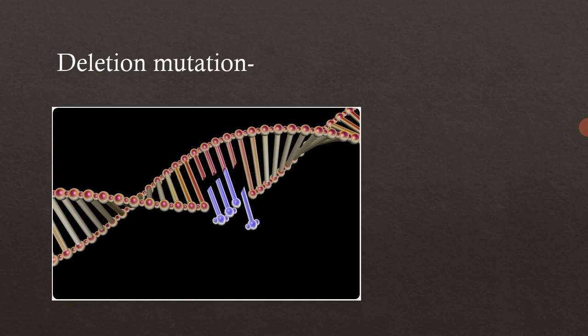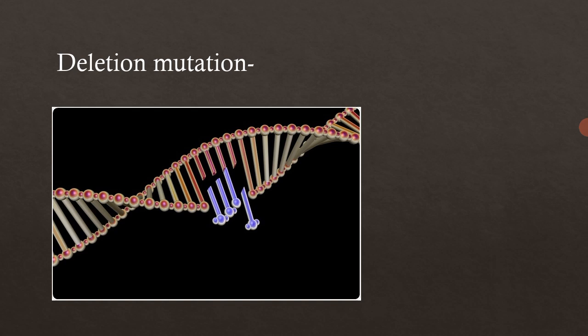Why? Because the proteins which are responsible for multiplying or for lysing that bacteria are now not present with that DNA sequence. It has got removed due to the deletion mutation, and so this type of change can appear due to deletion mutations.